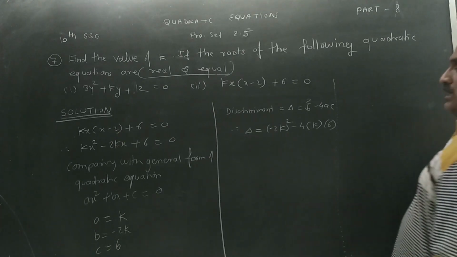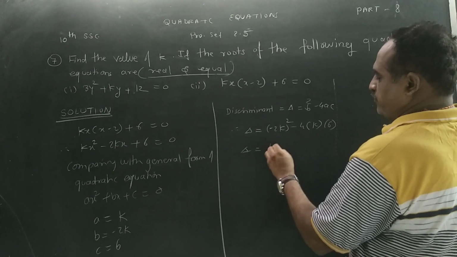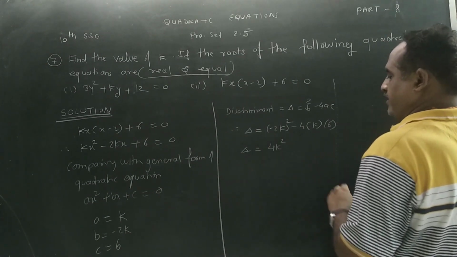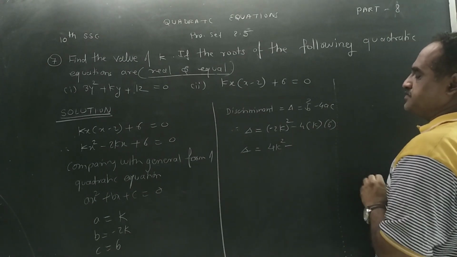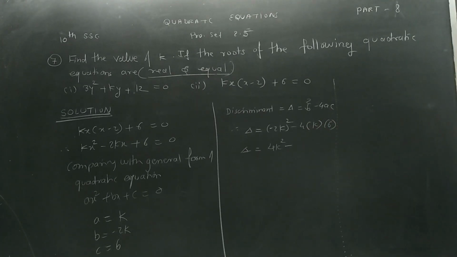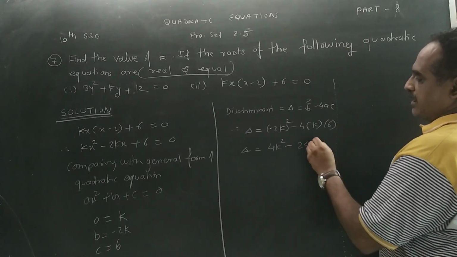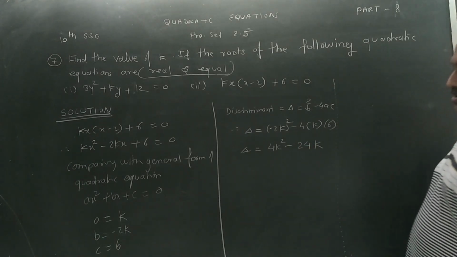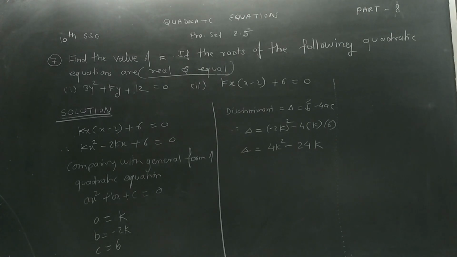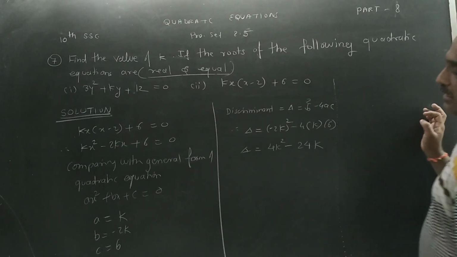So delta is equal to 4k square minus 24k. Okay, have you understood this? We got the value of delta is equal to 4k square minus 24k.